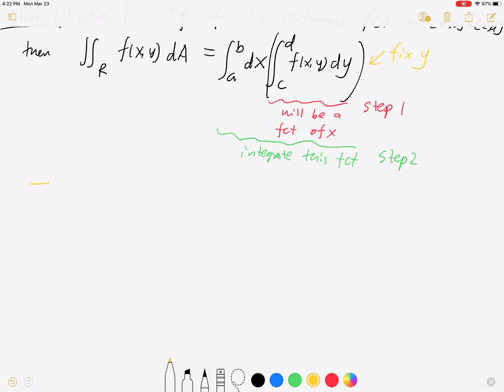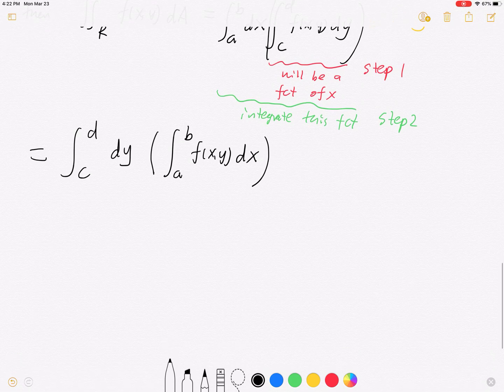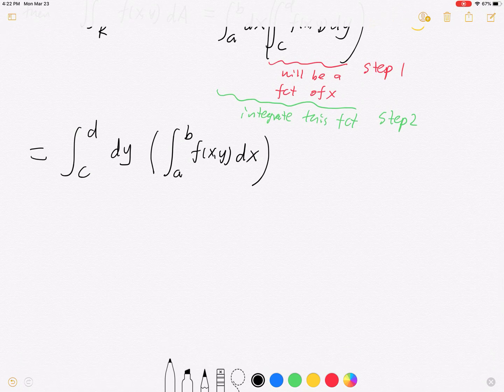And there's no reason why you treat x and y differently. Therefore, you can reverse the order. You first integrate f with respect to x from a to b, then you integrate with respect to y from c to d.